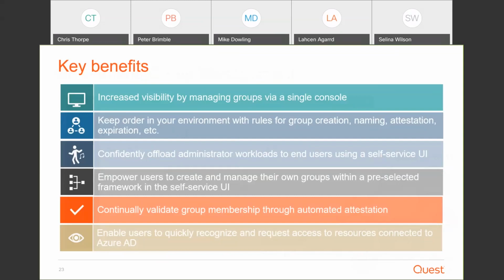We can offload that admin workload to end users by using a self-service user interface. It empowers those users because they can just go in and do what they need to do, and it will automatically keep those group memberships validated. So it gives us an awful lot of flexibility there.